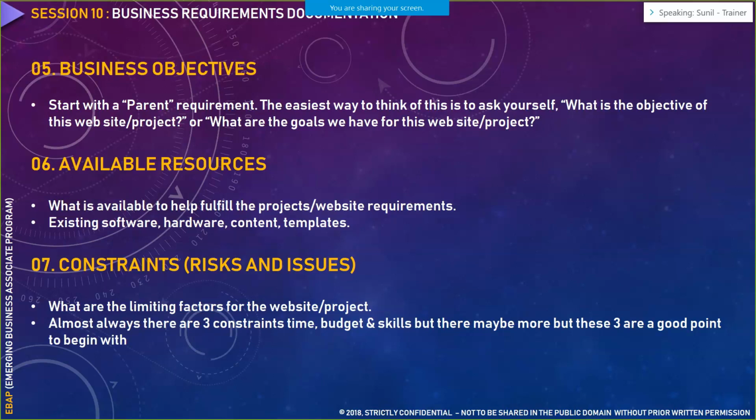So if he leaves, what is the cost of his substitution? So cost of his substitution as in how much a new resource would cost, and what is the cost of time, how much time it would take for that new resource to scale up to that particular environment and start delivering the deliverables. So that is something you have to clearly articulate in the risk section.